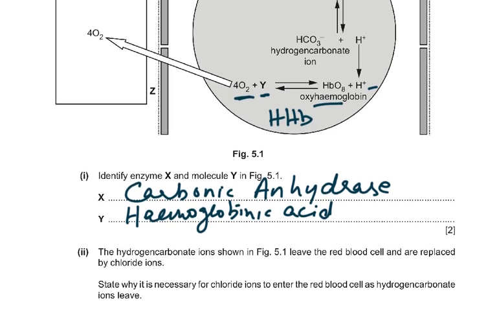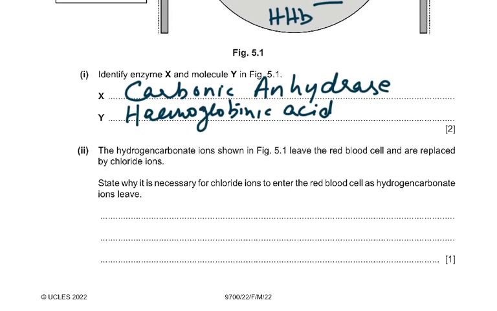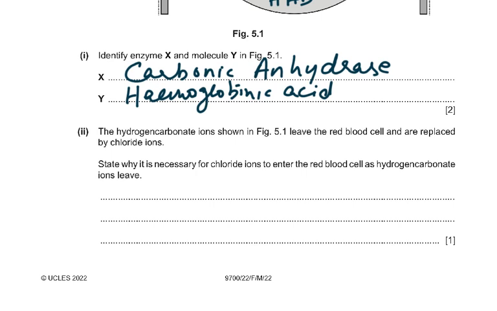Then it says the hydrogen carbonate ions shown in figure 5.1 leave the red blood cell and are replaced by chloride ions. State why it is necessary for chloride ions to enter the red blood cell as hydrogen carbonate ions leave. The important thing is that a negative ion entering an RBC replaces a negative ion, so maintaining electrical neutrality of the cell.